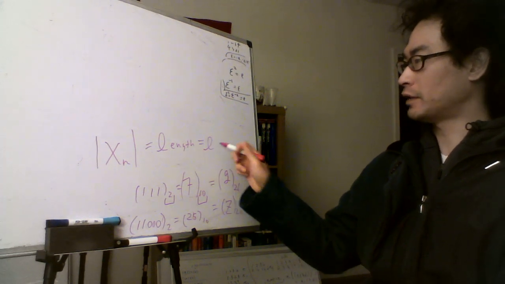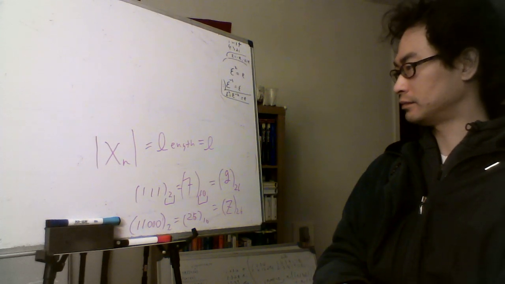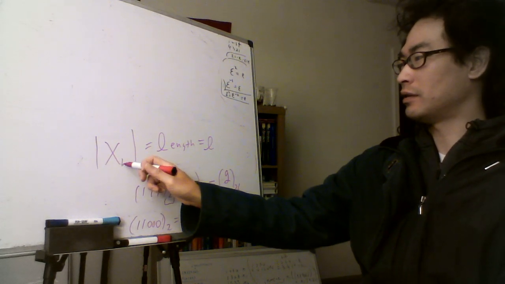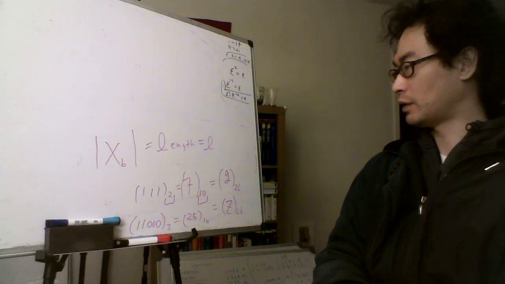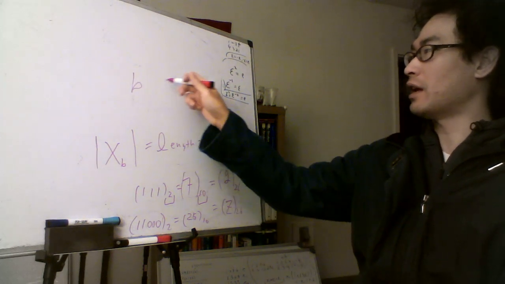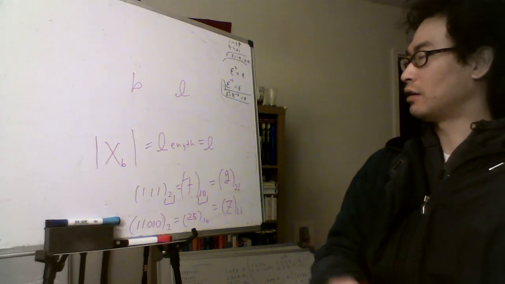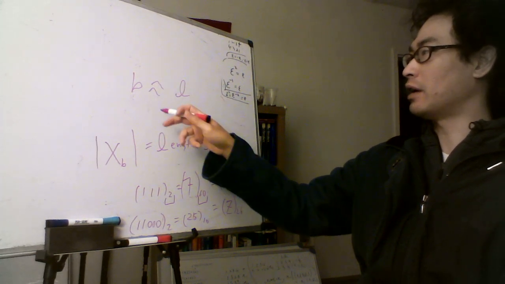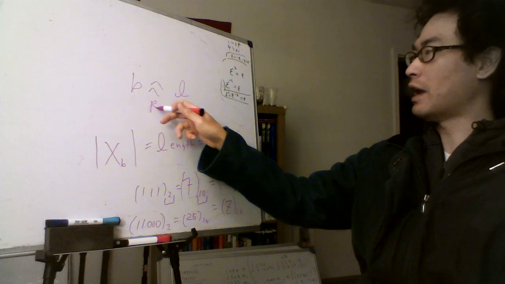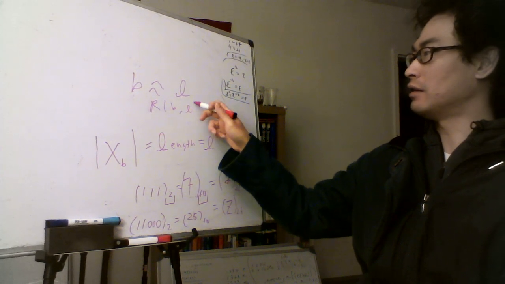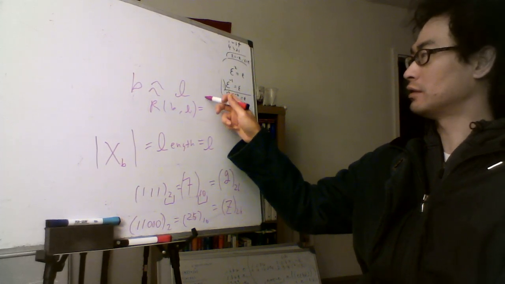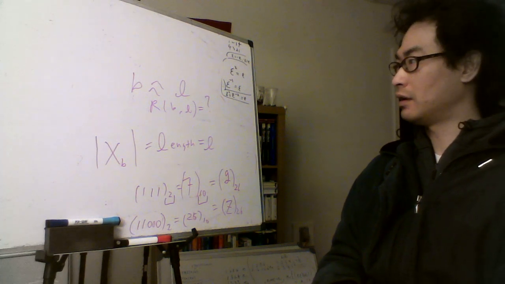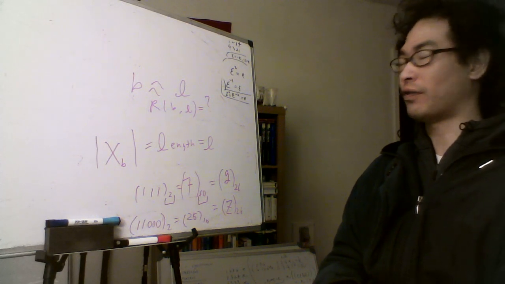L. All right. So we'll use base as B. So what's the relationship between B and L? It has to be some function, and we want to find that function.